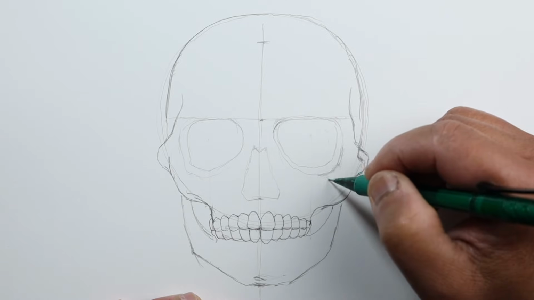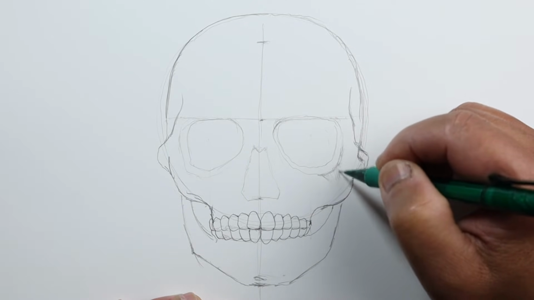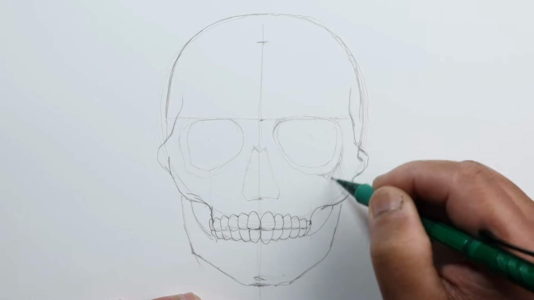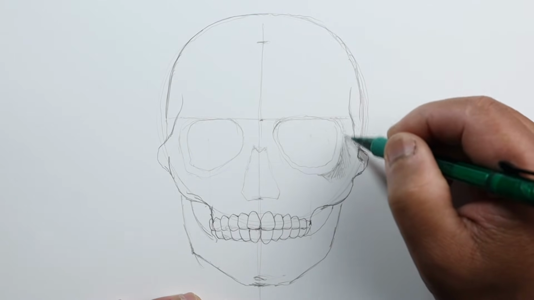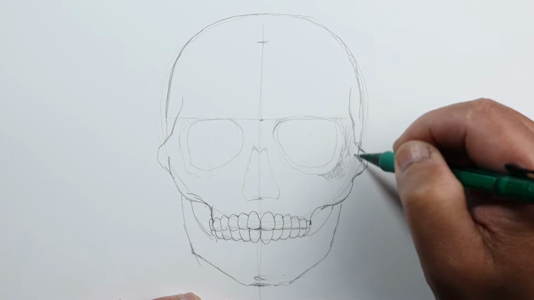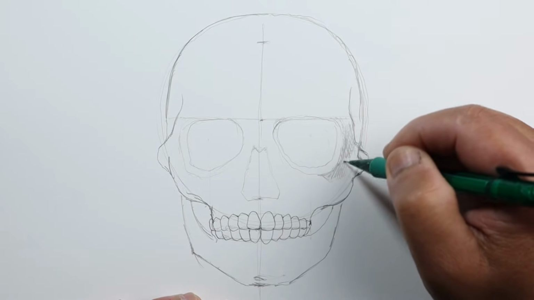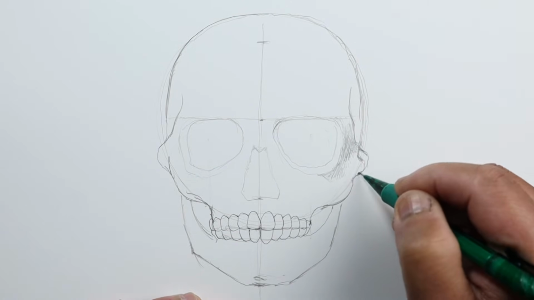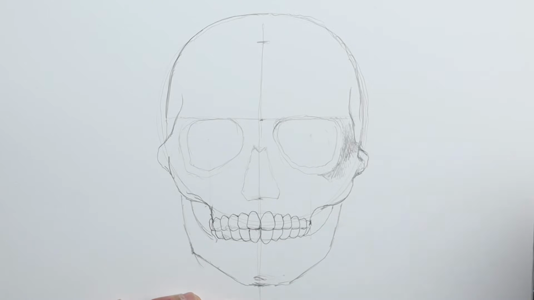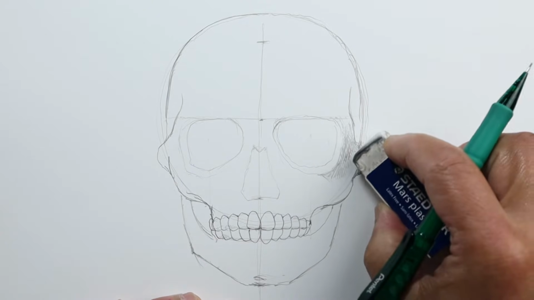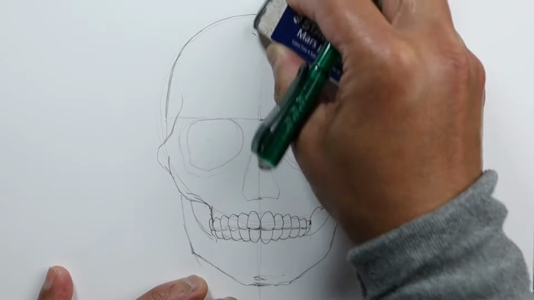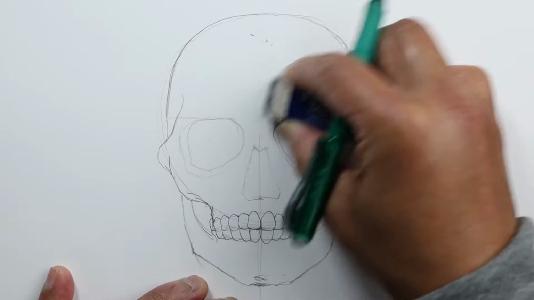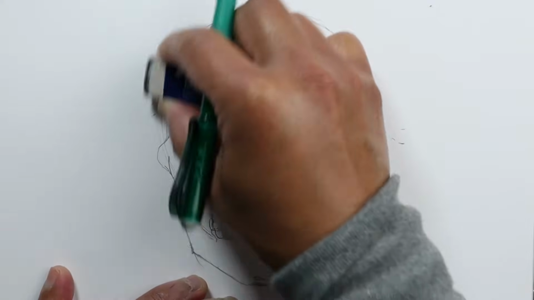So I'm going to start shading it a little bit here, and I'm just going to use some crosshatch initially, get all of this a little bit darker. Just going to erase that initial line here, and while we're at it, I'll just go ahead and erase some of our initial lines.